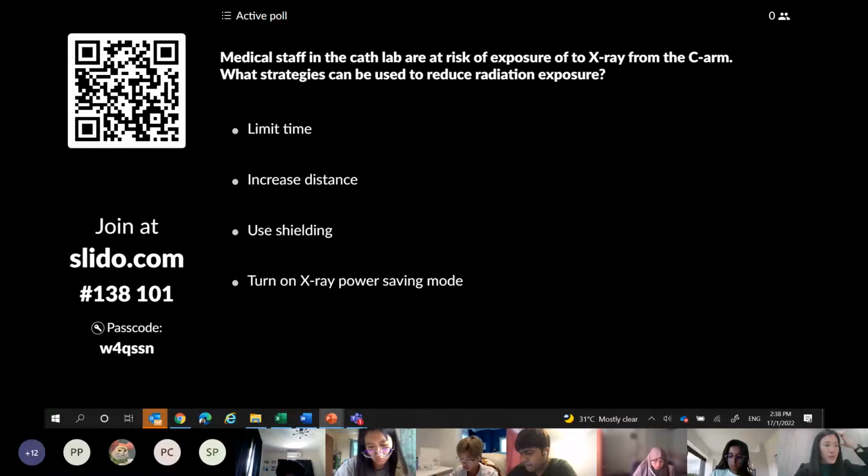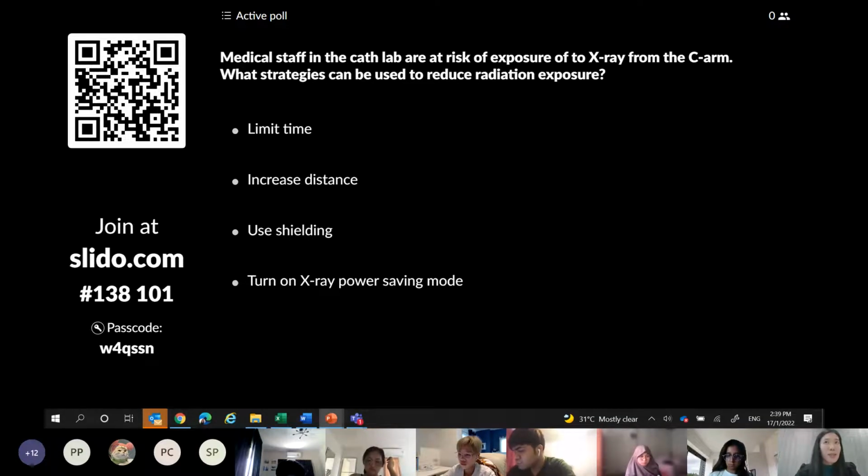So just now I've mentioned a lot of times that radiation is very harmful, and you know how you can actually minimize the radiation dose or exposure in the cath lab. I keep mentioning that it's dangerous. I don't know whether you know why, because this increases cancer and also other health risks.